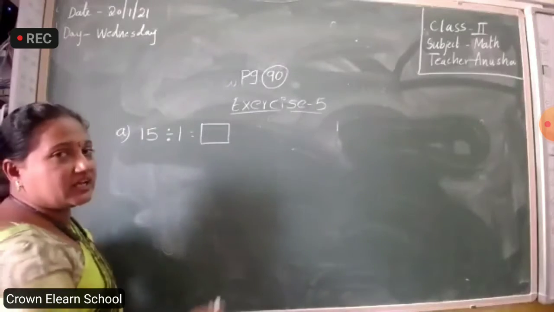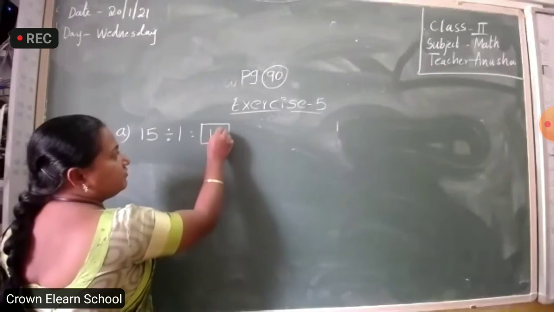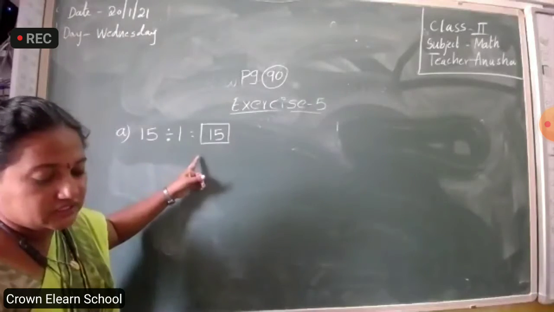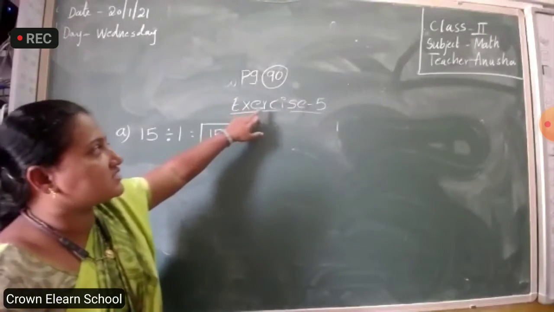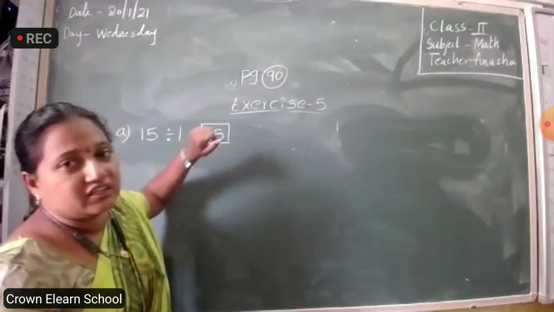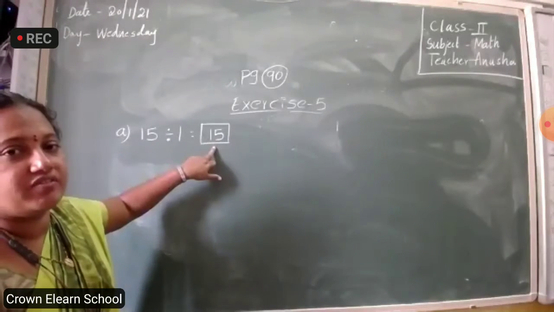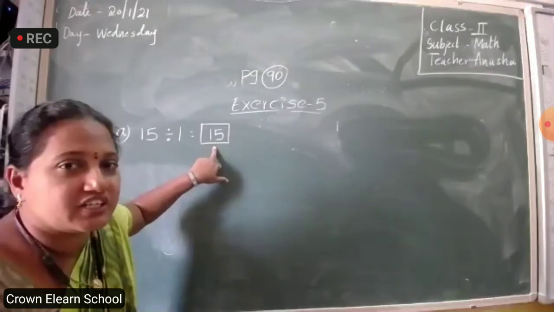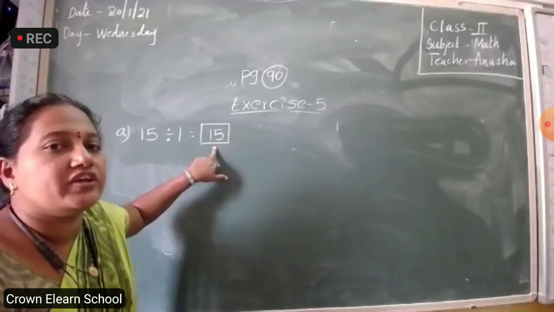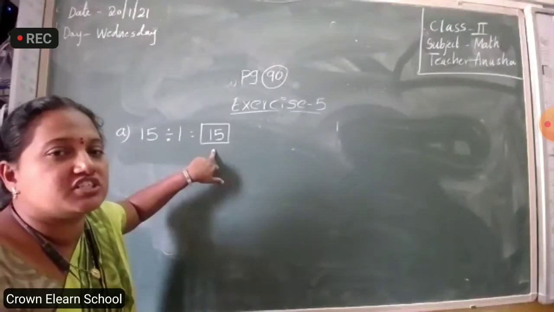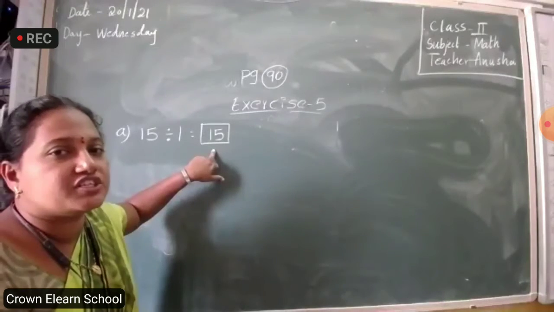So what is the answer? 15. This is the A problem, answer is 15. The answer in division is called the quotient.